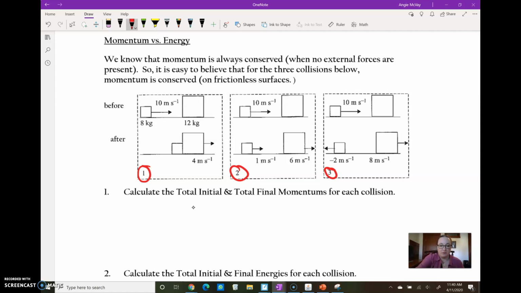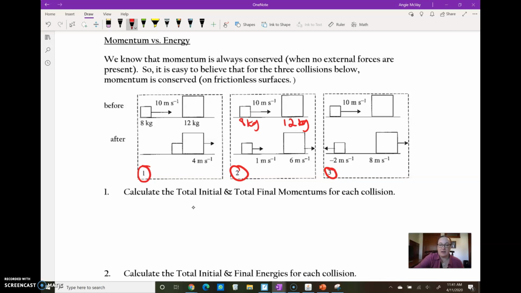Just so that you know, in scenarios 2 and 3, the little block still has a mass of 8 kilograms, and the big block still has a mass of 12 kilograms. They all start out the same, so in each scenario there'll be the same amount of initial momentum and the same amount of initial kinetic energy.